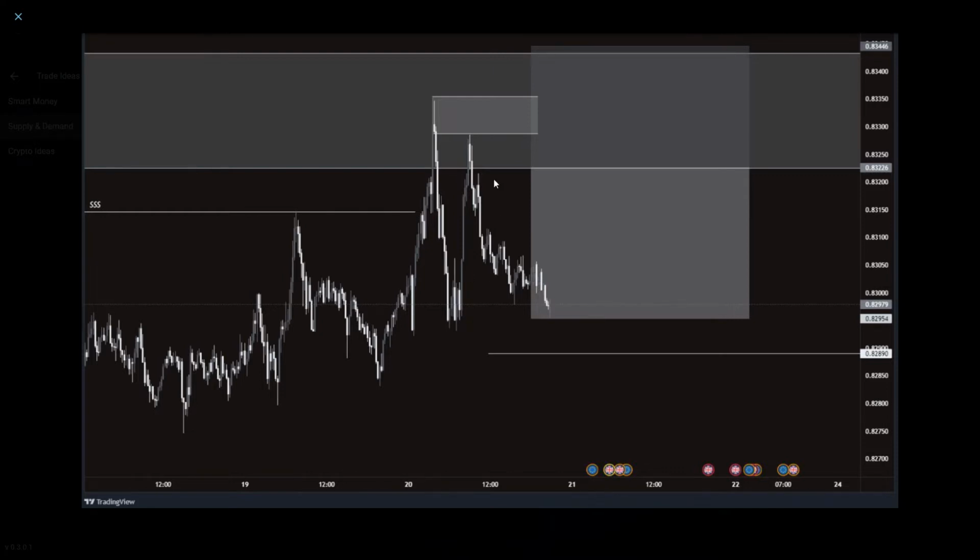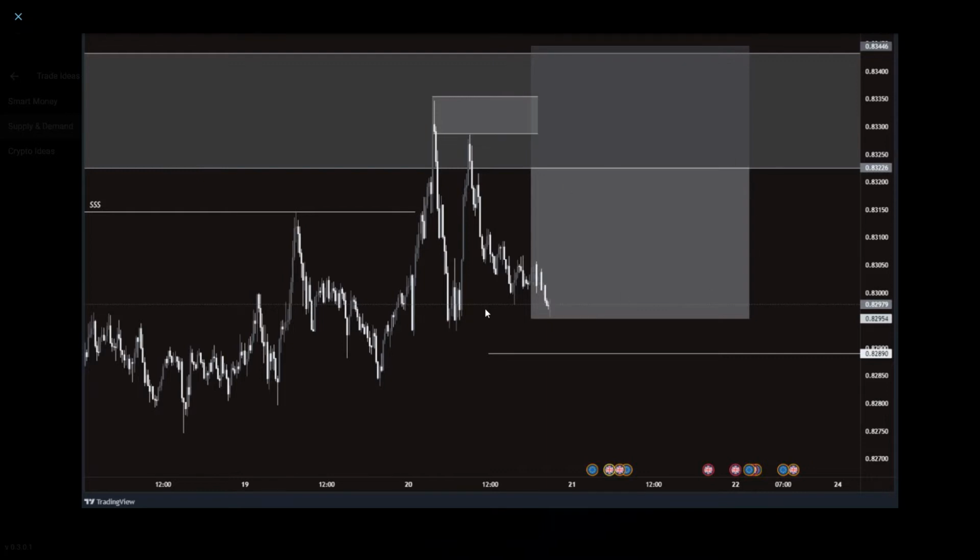If you see, the entry was placed here in the proximal line of the 4 hour order block. Why? Because most of the time we are left behind in our trades. If we try to catch the sniper entry, we are most likely going to be left behind.